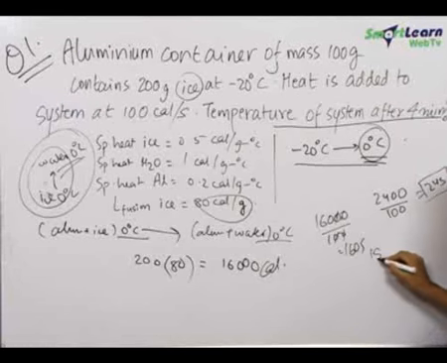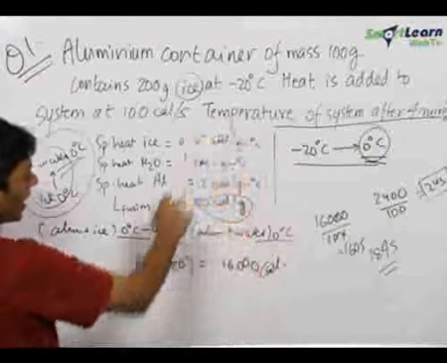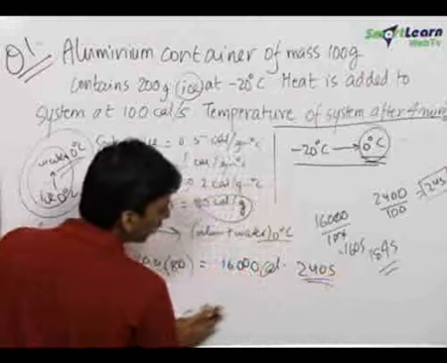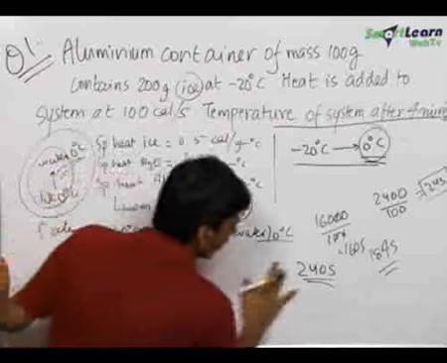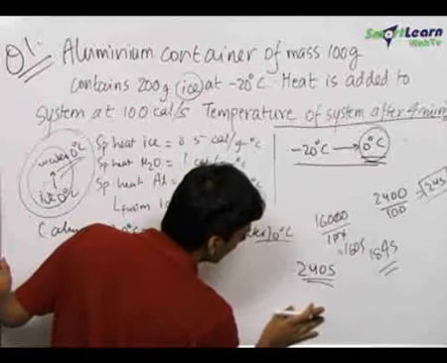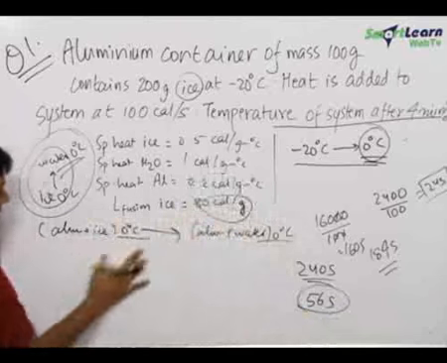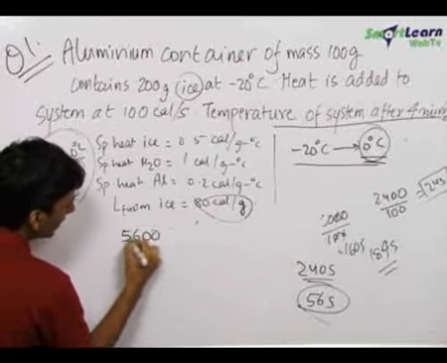So we are done with 184 seconds now. Now the total time is 4 minutes, that is equal to 240 seconds. So the time left for which we can do more heating is 240 minus 184, that is equal to 56 seconds. So in 56 seconds, the amount of heat that we will give is 5600 calories.